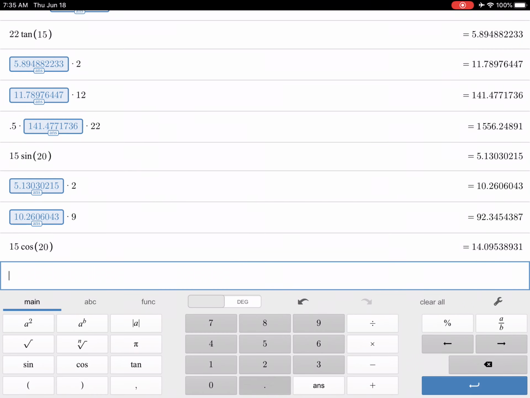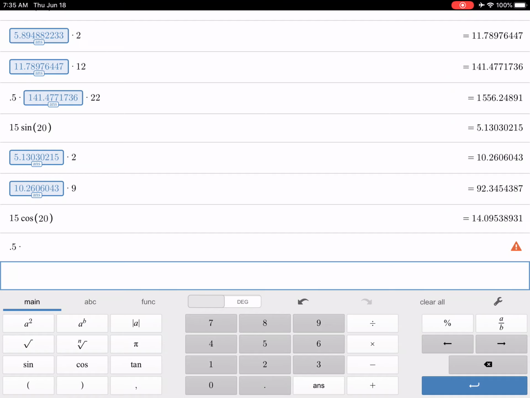I've got to take for my formula a 0.5 times that 92, and I think can I just click that? Let's see, on Texas Instruments calculators, I can go up. Nope, that did not work here at all. So, okay, unfortunately, I am going to have to type that in by hand. 0.5 times the 92.35 that we had for our perimeter, multiplied by our apothem, which was 14.10.